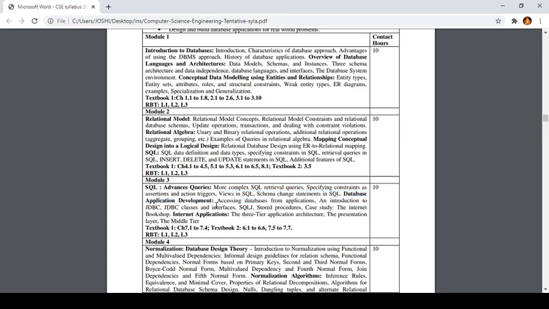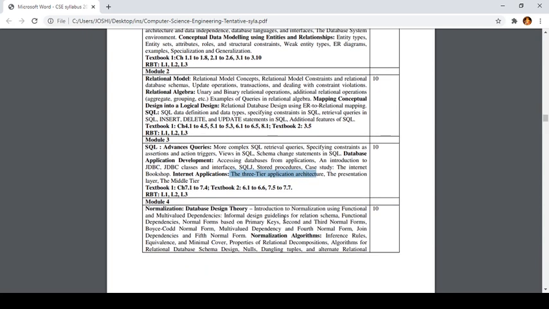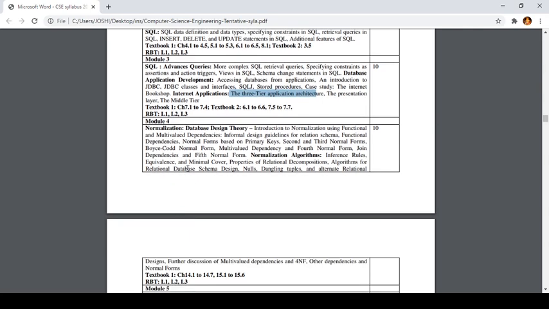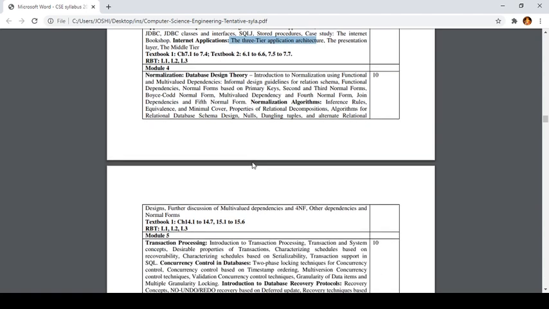It includes the JDBC class interfaces, SQLJ, stored procedures and case study. The internet bookshop and internet applications with the 3 tier architecture and presentation layer in the middle tier. Model 4 includes normalization like first, second normal form and primary keys and importance and other things.